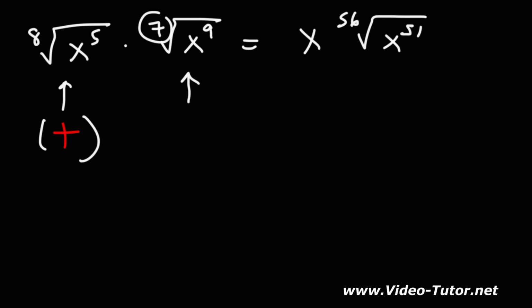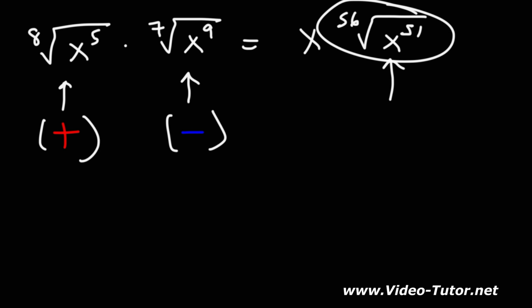Now here we have an odd index number with an odd exponent on the inside, so this term can be negative if x is negative. If x is positive, then everything will be positive. Now we have an even index number. If x is negative, then the imaginary number will be associated with this term. If x is positive, everything will be positive.